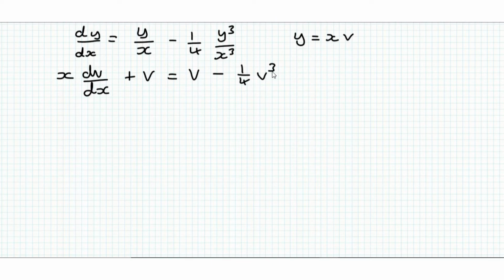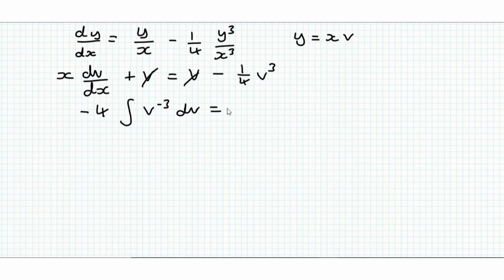Now these v's actually cancel, so now we've got x dv by dx equal to a function of v, as we thought we would. So now we're going to divide, giving minus 4 over v to the minus 3, and then integrate with respect to v, equal to the integral of 1 over x with respect to x.